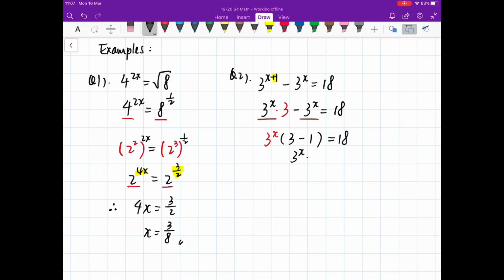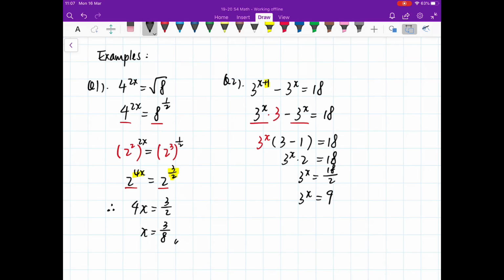And therefore, for the left hand side, it will become 3 to the power x times 2 equals to 18. Then we can move the 2 on the right hand side by division. And again, as you can see, both sides are not having the same base now.